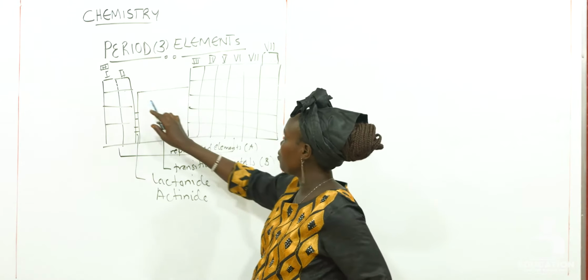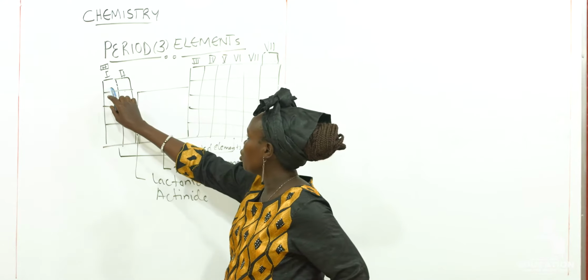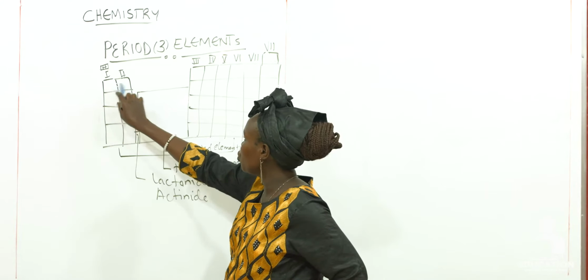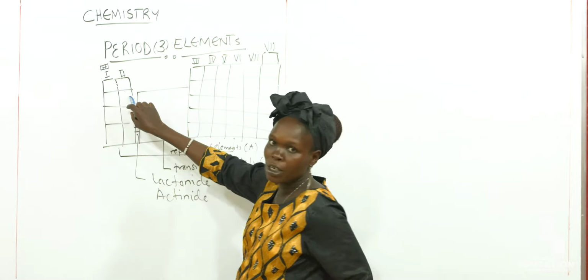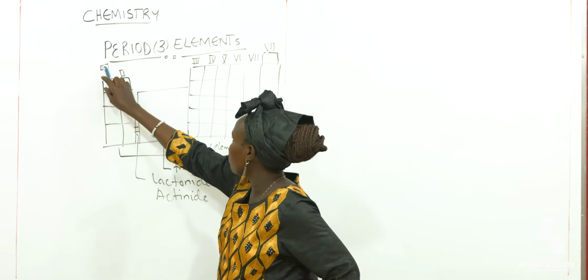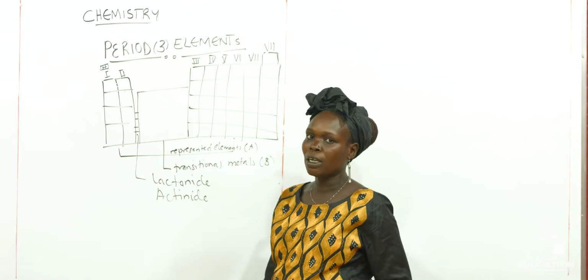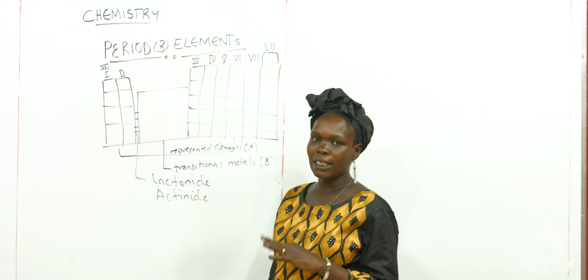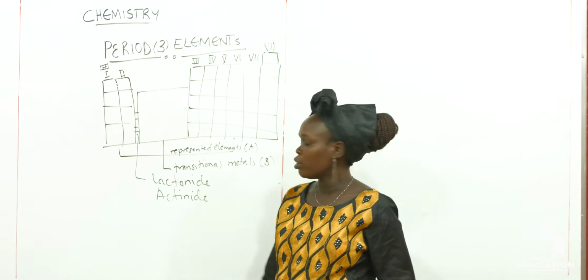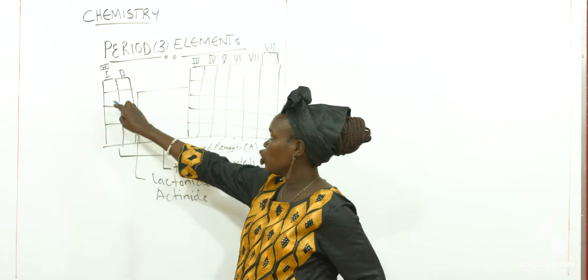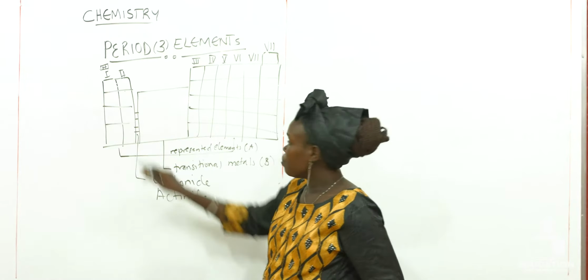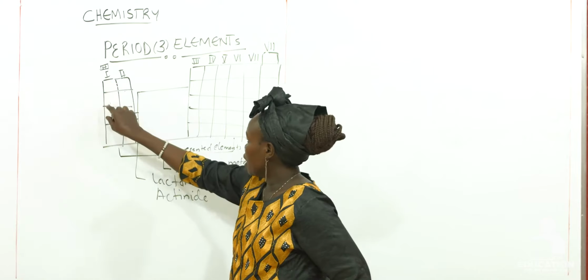It means we are going to have period 1, period 2, and then period 3. Above is an element that stands alone as a single element, but we consider its line as a period.